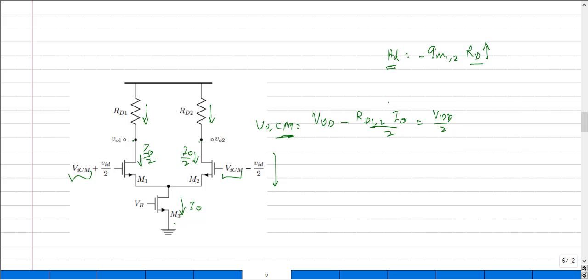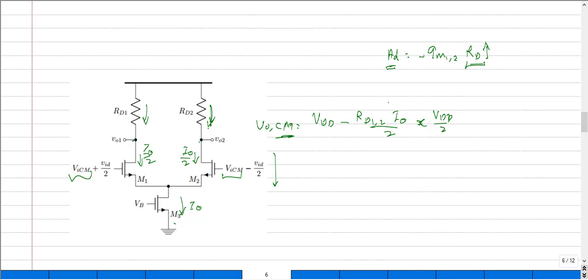So what I really mean is it creates a larger DC drop across the resistance RD, and that in turn lowers the value of the common mode voltage to less than VDD by 2. The other way of looking at this problem is that creating such a large resistance in an IC is not a feasible thing, right?